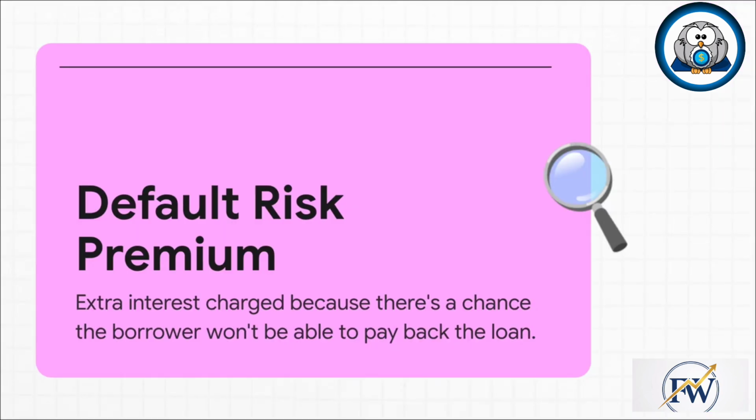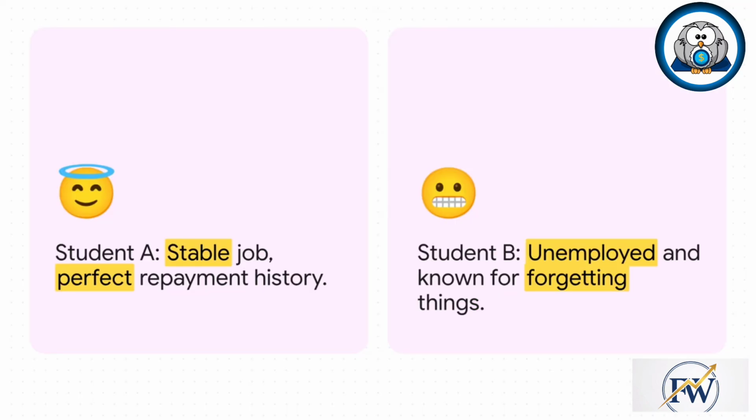Okay, so the official term for this is the default risk premium, or DRP for short. It's basically the extra interest a lender charges just because there's a chance, however small, that the borrower won't be able to pay back the loan, that they'll default. To really get this, let's imagine you're lending money to two different students.